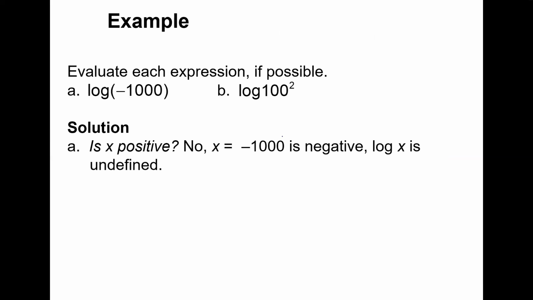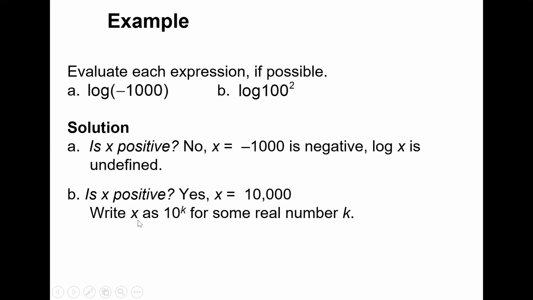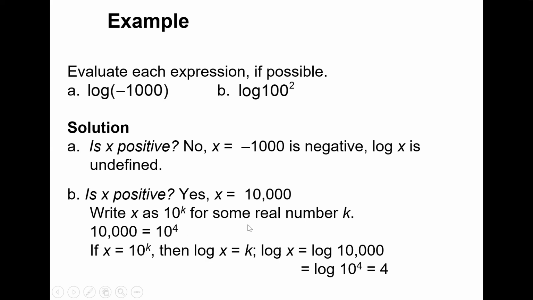Now for this one, we can think about it in two ways. It's positive, so we can first square it and get that value. Then we have to write this value as 10 to some k power. Well, that's going to be 10 to the fourth because there's four zeros. Then we can use the log property: if we have the log of 10 to the fourth, we bring that 4 down in front and we get 4.